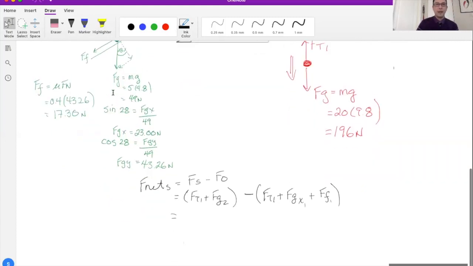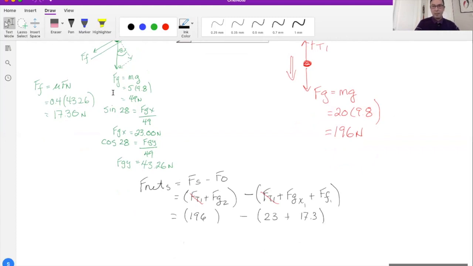Now let's put in numbers for those, keeping in mind that when we do the whole system, it's typical for the tension forces to cancel themselves out. So that leaves us with force of gravity on object 2, which is 196, minus the force of gravity in the x and friction, which are 23 and 17.3.